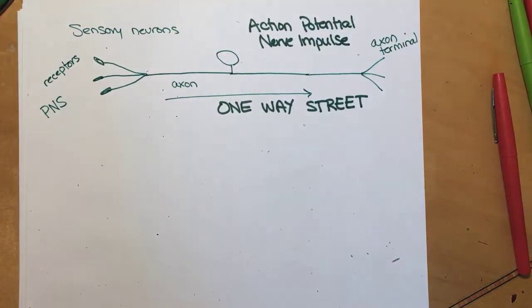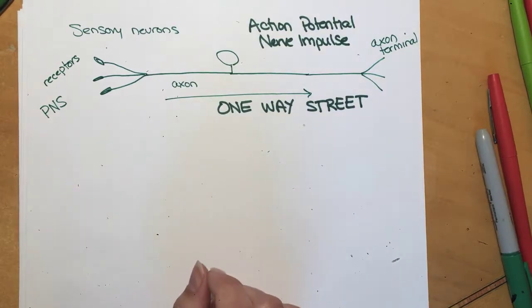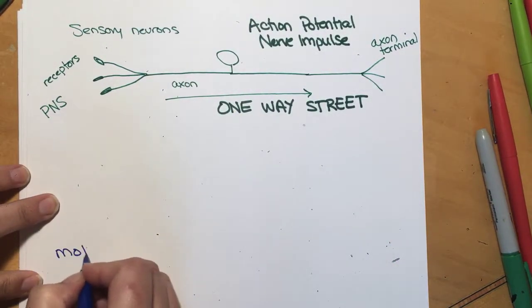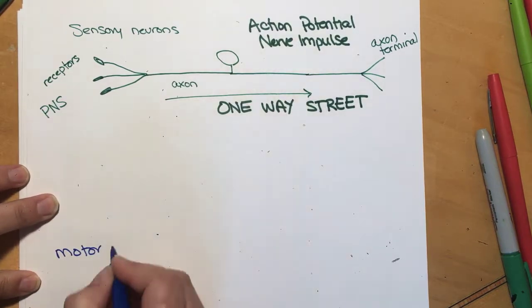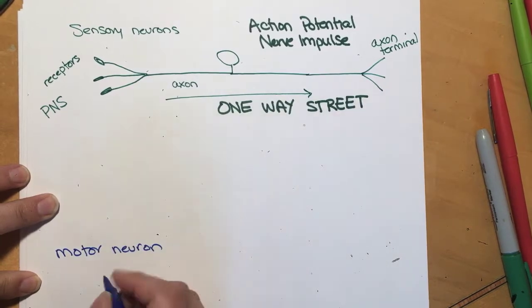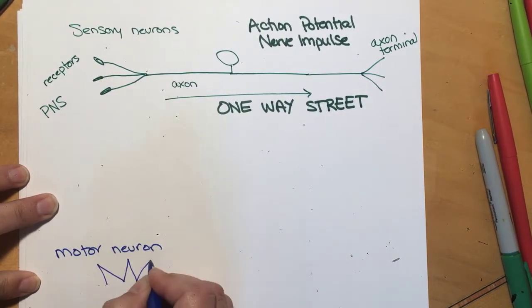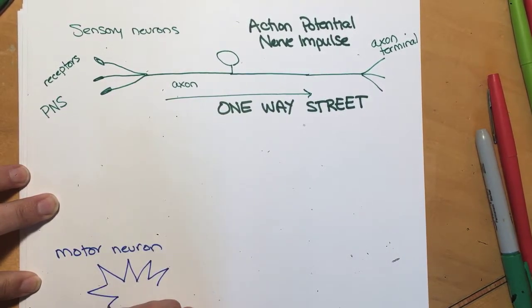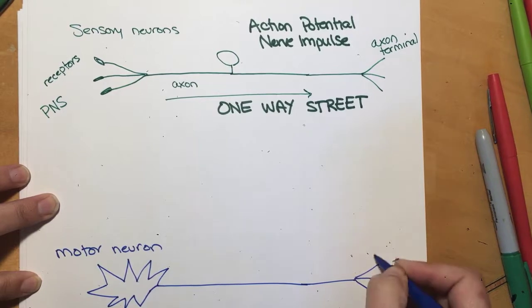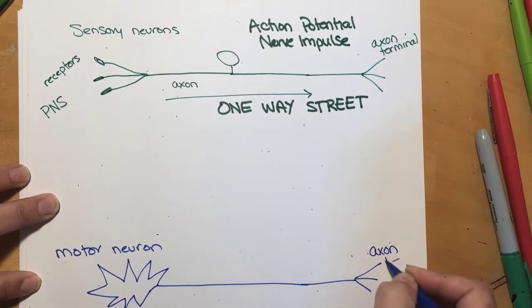Now, going the other direction, let's use blue. A motor neuron has a different structure. So it's got a structure that kind of looks like this. Still has a long axon, still has an axon terminal at the other end.